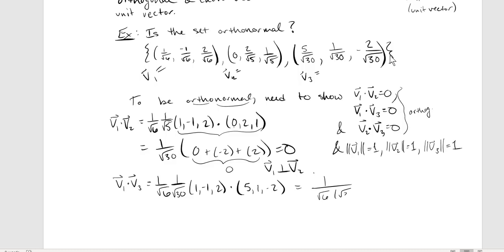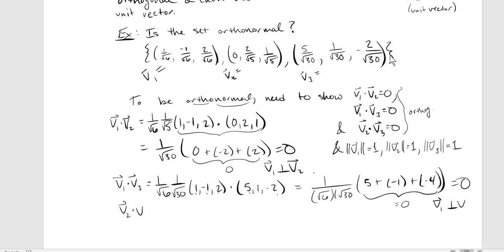Right, because that scalar multiplied on every component isn't going to affect whether we have 0 or not. So 1 times 5, plus negative 1 times 1, plus 2 times negative 2. And again, we get 0. So far, we're looking good. V1 and V3 are orthogonal.